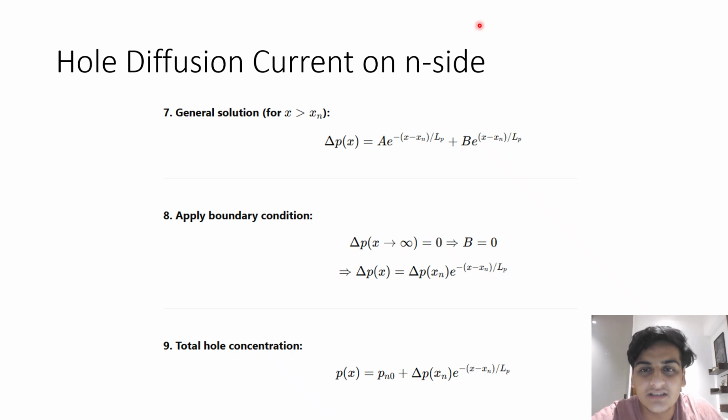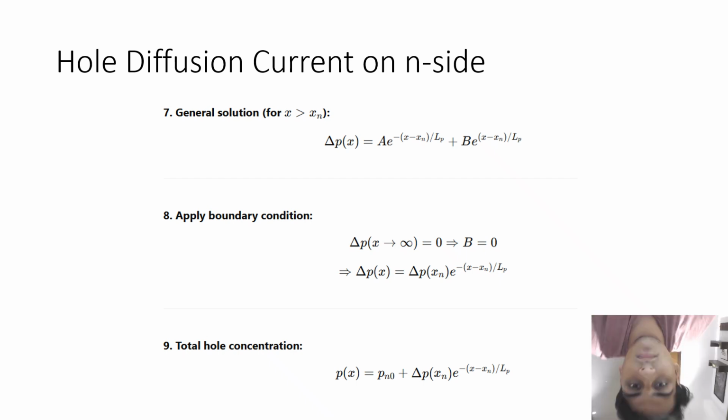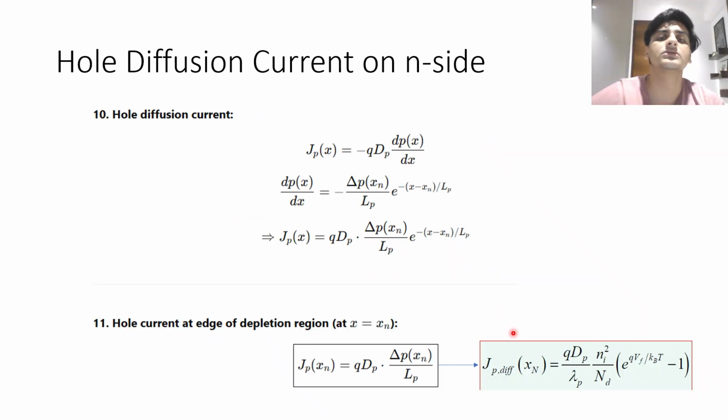We have the hole concentration at the edge, but now we also have it as a function of x. If you want, you can also write the total hole concentration from this by just adding the equilibrium concentration. Now comes the reason we were doing all of this, which was that we want to write this hole diffusion current at the N side, which is how much current is caused by diffusion of holes into the N side.